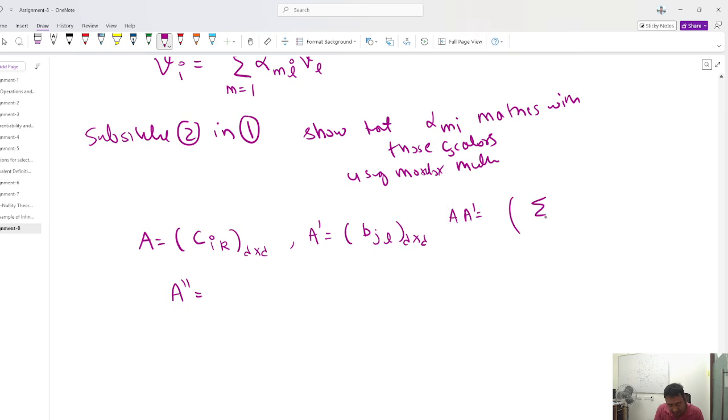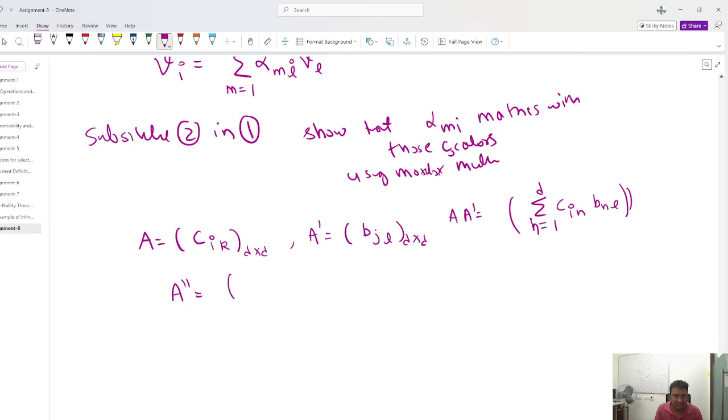This is summation, N from 1 to D, C i n, if you are writing the ij-th entry, then correspondingly you can write B n l.